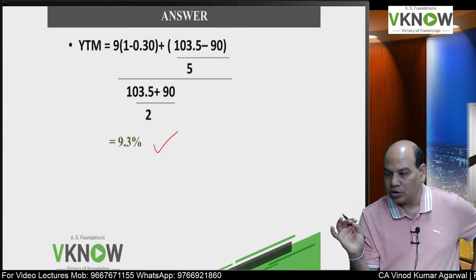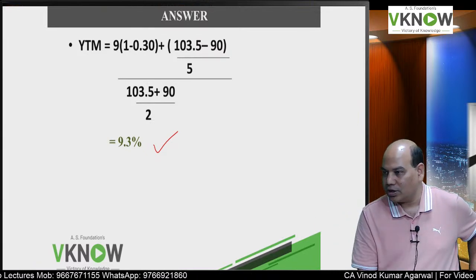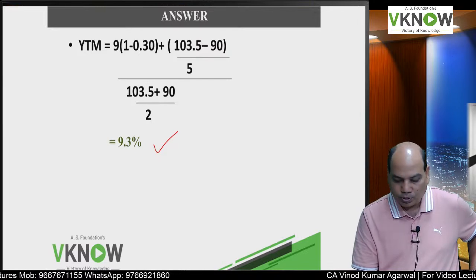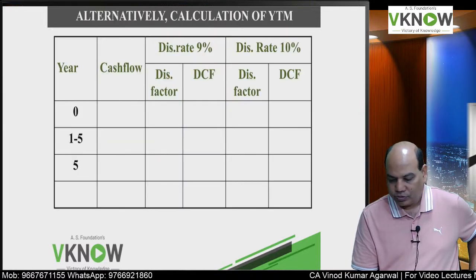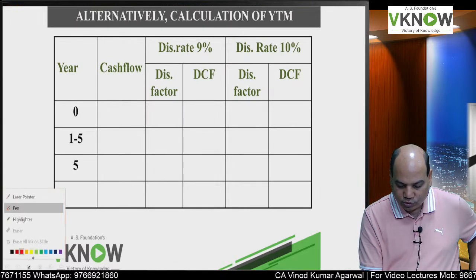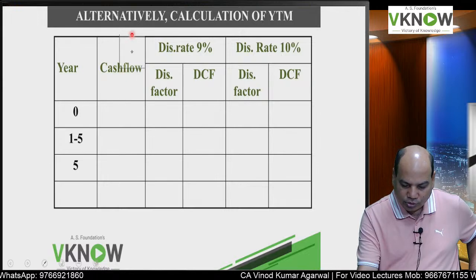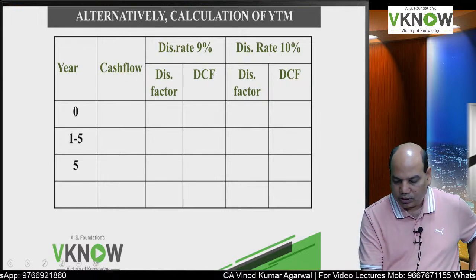There is one more way you can solve, and that is by applying the IRR technique. Do you want to solve by the IRR technique also? Let us practice one more IRR. Write down method 2. In the exam you are required to solve only once, but in the classroom we have to learn.